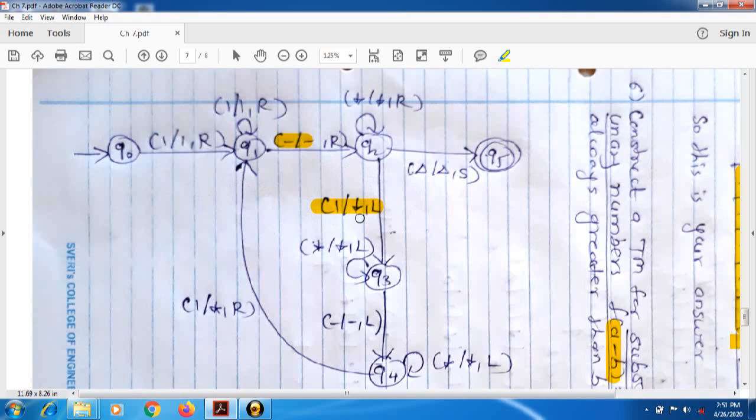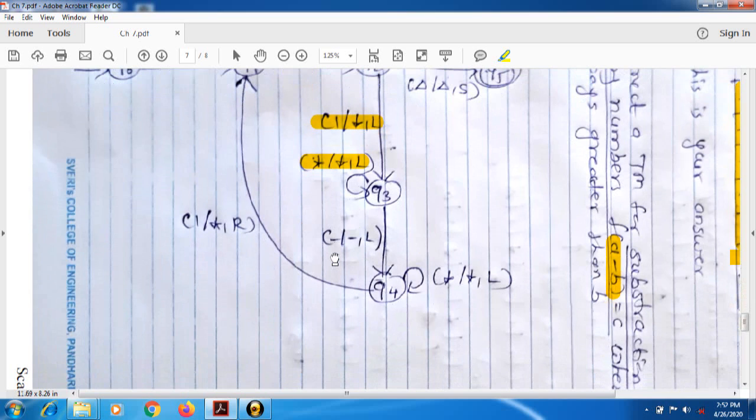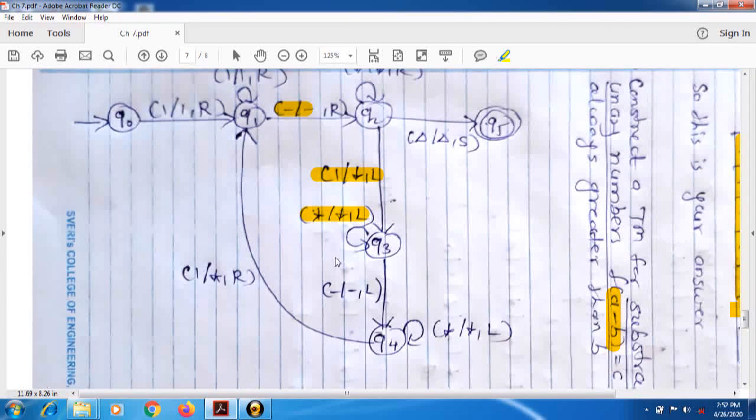That's why I have written left here. And there may be different star symbols, because for a single one we have done this, but there may be chances of different star values occurring in our tape. To track these values and move towards the next value, we have added this loop.